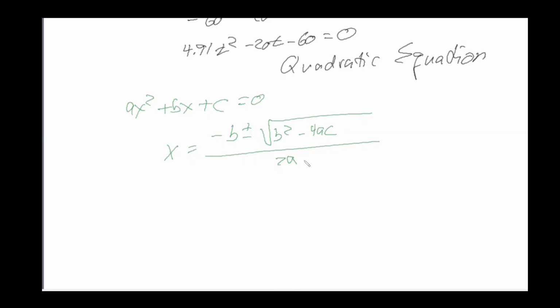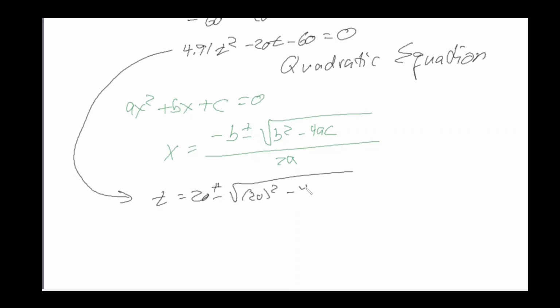If we substitute in our values, we get t equals 20 plus or minus the square root of 20 squared minus 4 times 4.91 times minus 60, over 2 times 4.91.